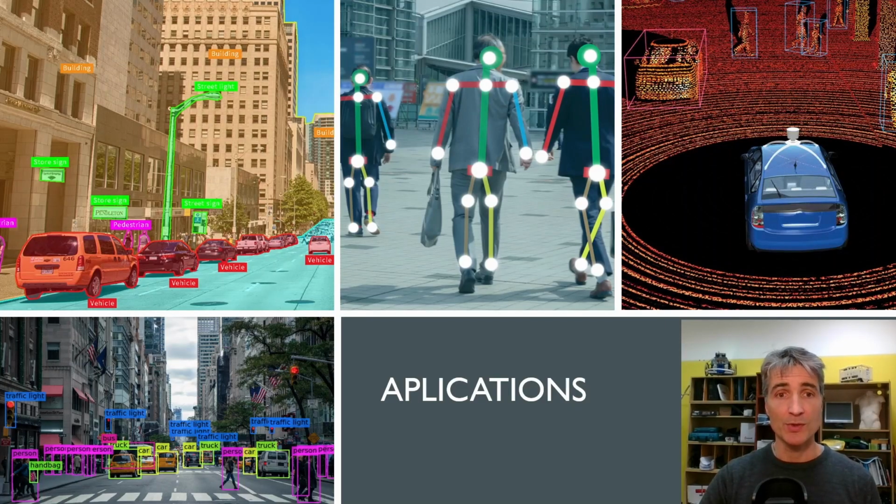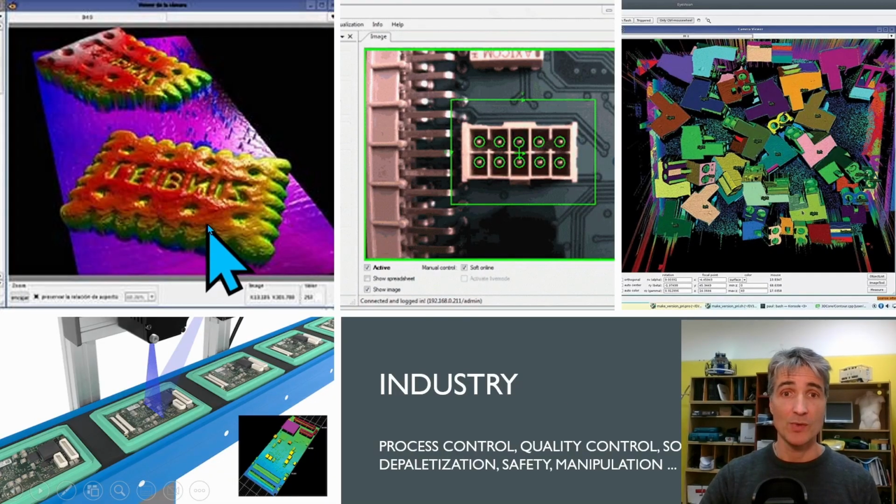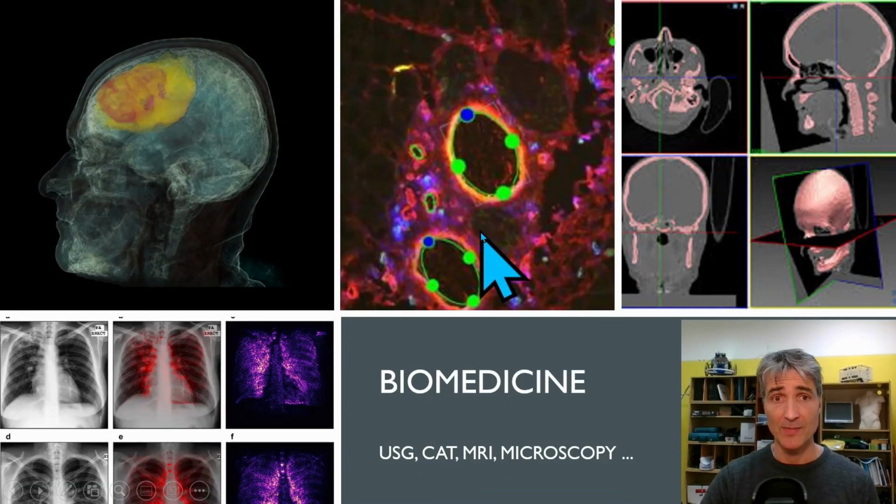We can use computer vision in many fields. For example, in autonomous vehicles, they need to recognize what kind of obstacles are around them. Which of those obstacles are cars, pedestrians, to recognize what color is on the traffic light and what do the traffic signs say. We use computer vision in industry for quality control, part placement, depalletization, and many other things.